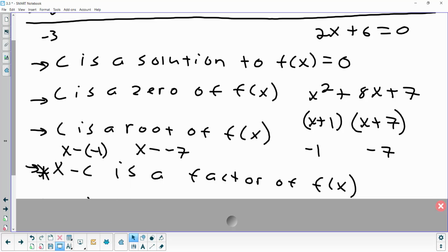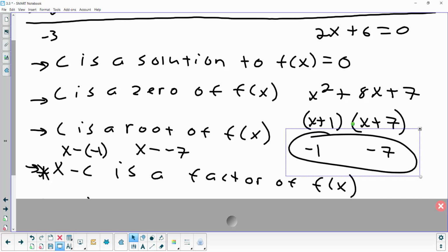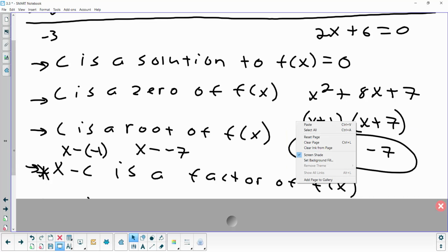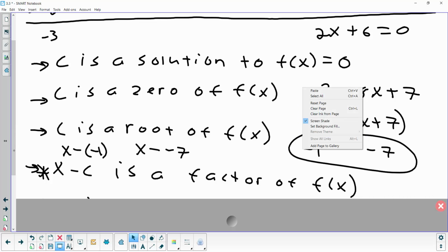That's important, because in the next problem, I'm going to give you two numbers like this and say, tell me the factors of the polynomial. So you would have to work from this to give me that. And then you could FOIL that out and even give me the step above it.